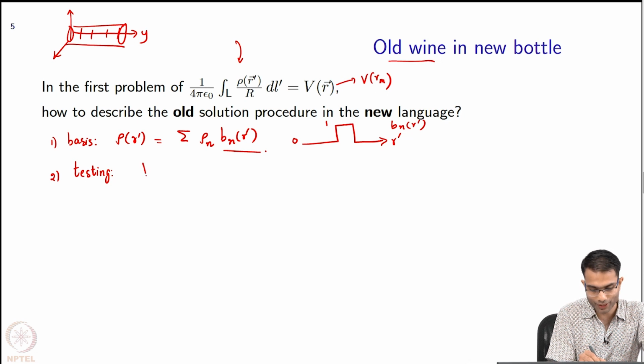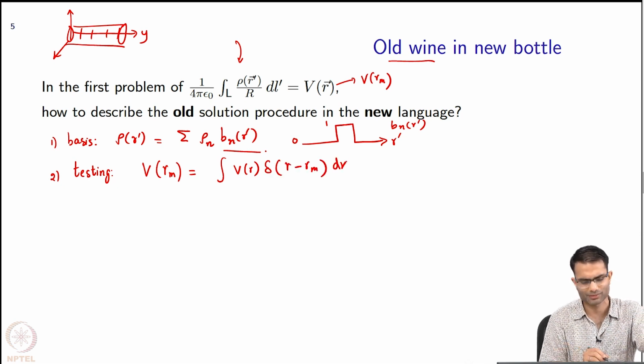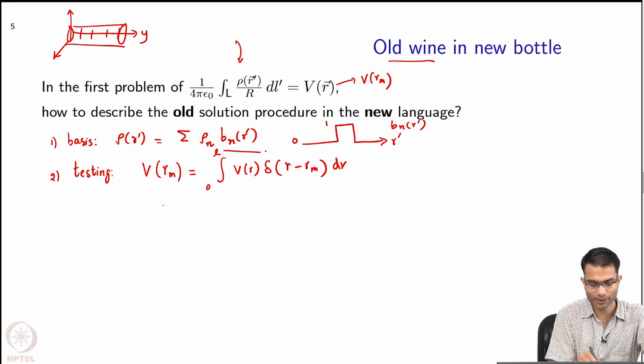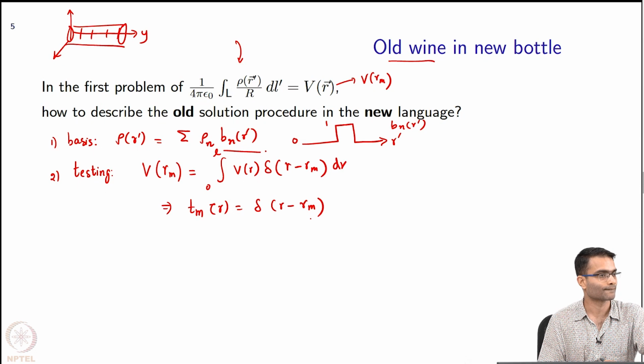Exactly, v of Rm is equal to the integral of v of r multiplied by delta of r minus Rm dr from 0 to L. So this is an inner product. It implies that my testing function Tm of r is nothing but a delta function. This is the easiest, or the laziest, thing you could do.